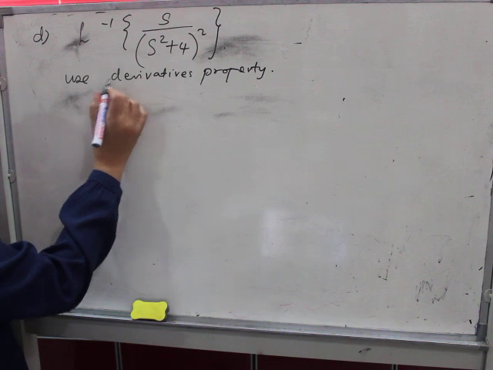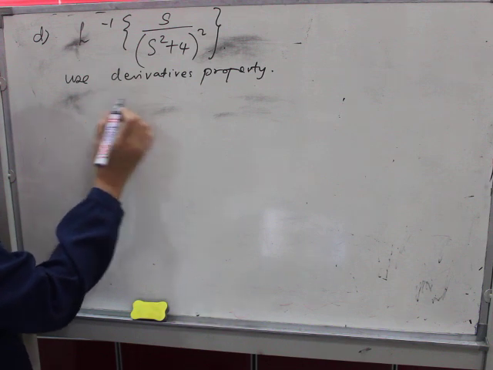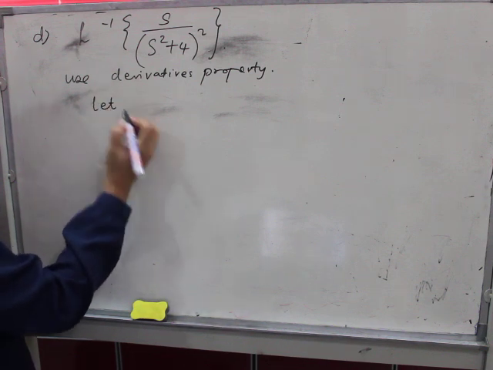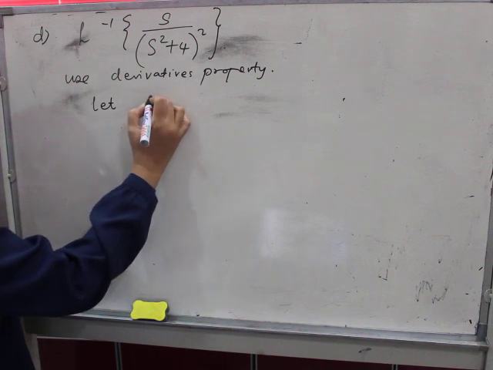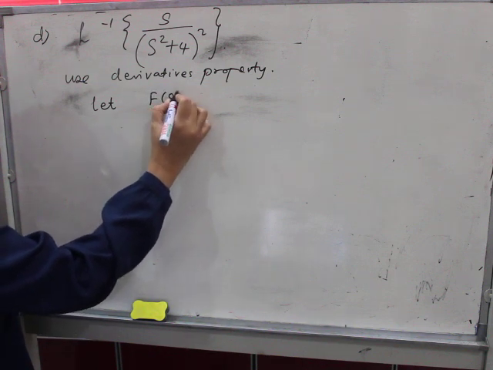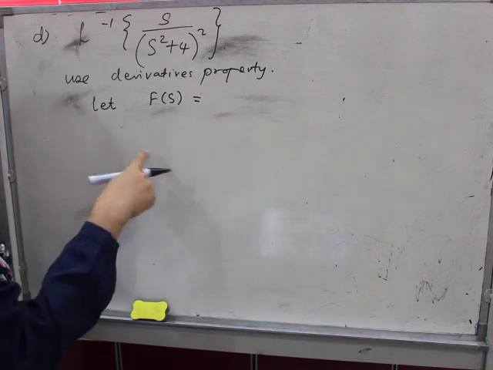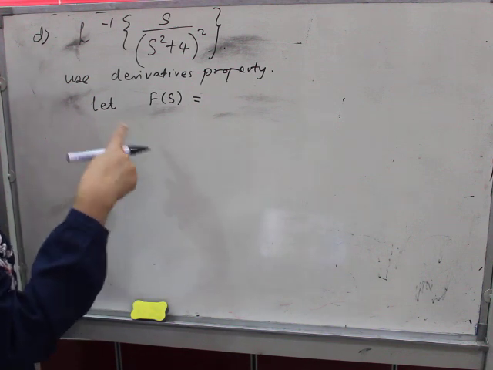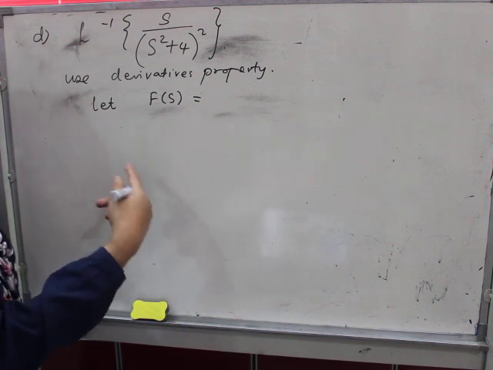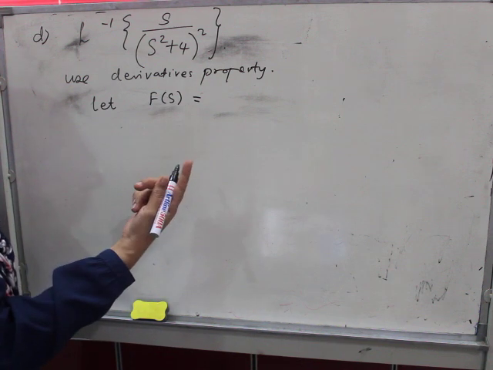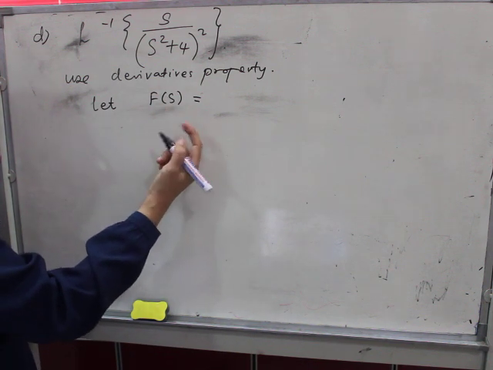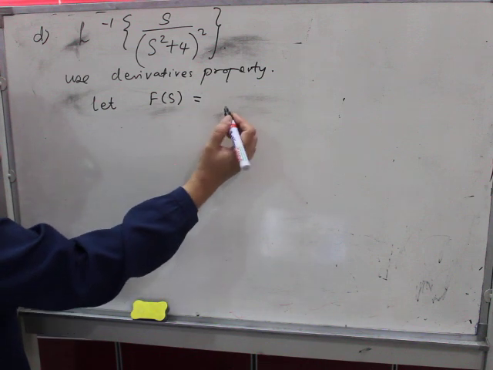We let first Fs, this is a different approach from the question with natural log just now. It's different approach, okay?